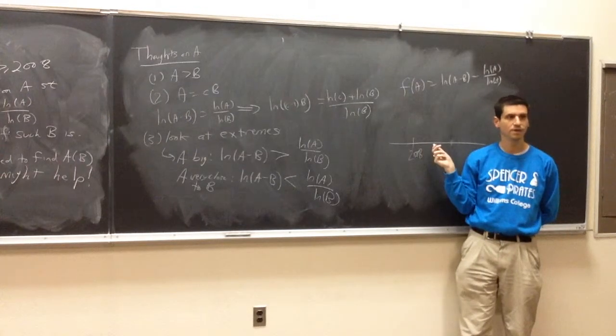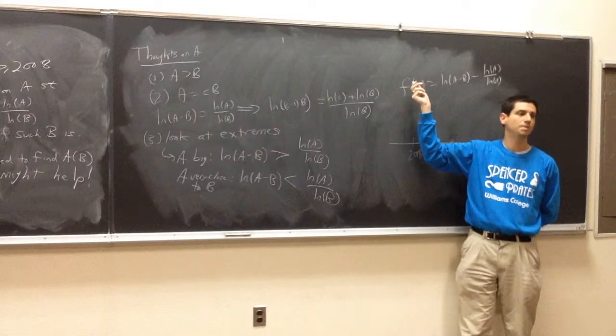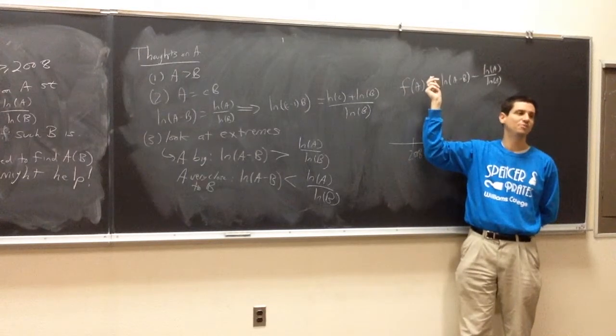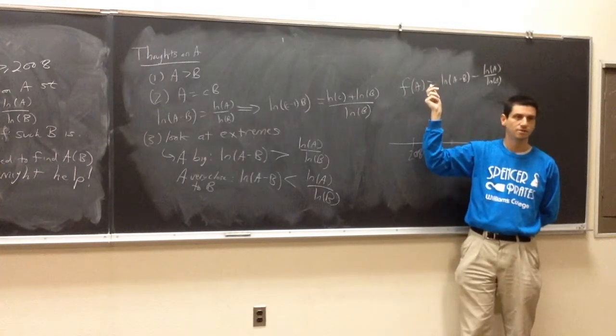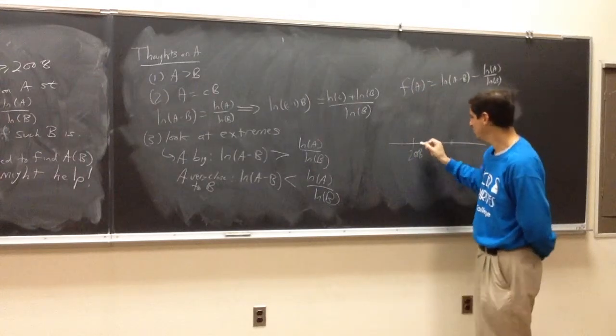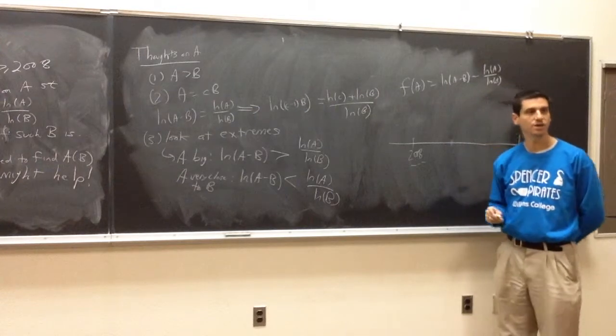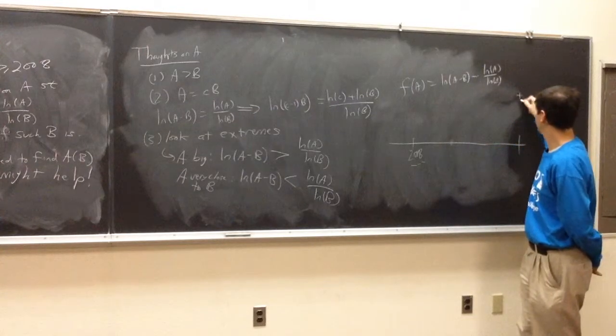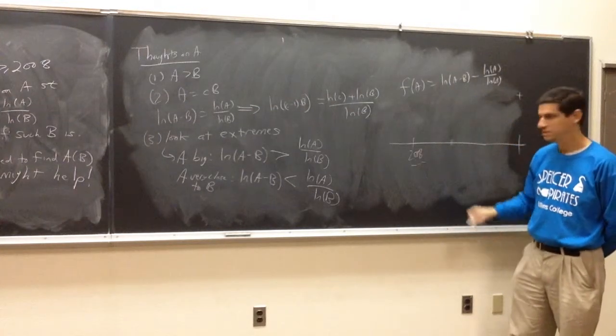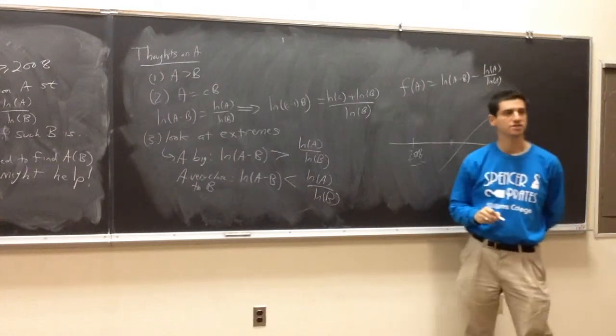If I move a little bit over from 2008, negative. So my function is going to be negative in through here. If I go very, very far down, it's going to be positive. By the intermediate value theorem, it crosses somewhere.